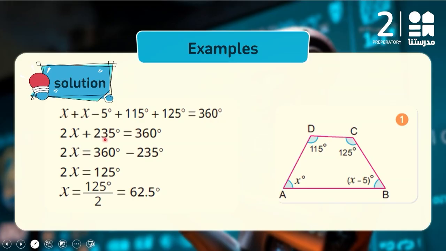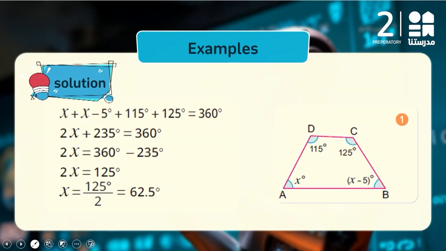But we have to cancel 235 degrees. How can we cancel it? We cancel it by subtracting 235 degrees from both sides. So 2x equals 360 minus 235 degrees. 360 degrees minus 235 degrees equals 125.